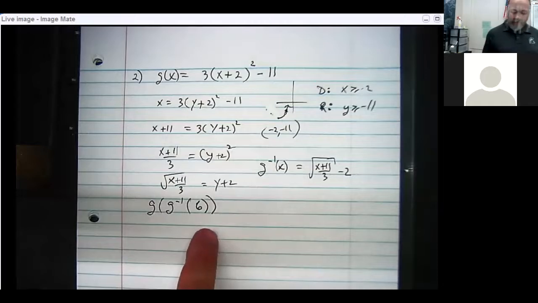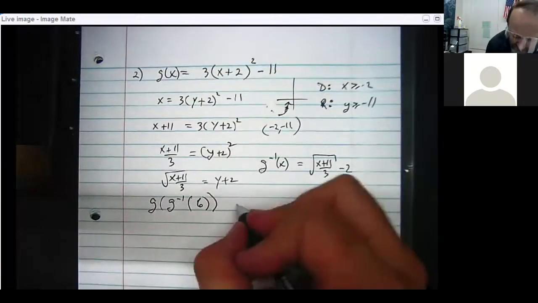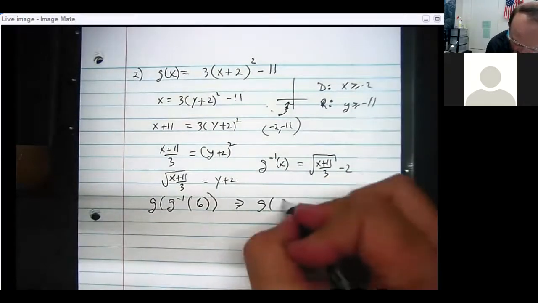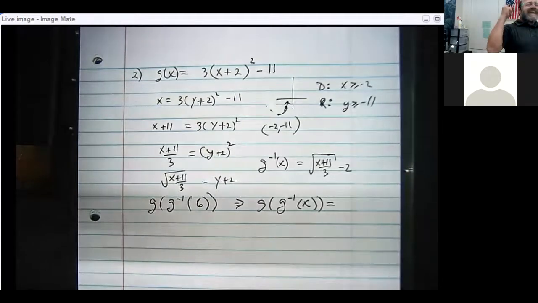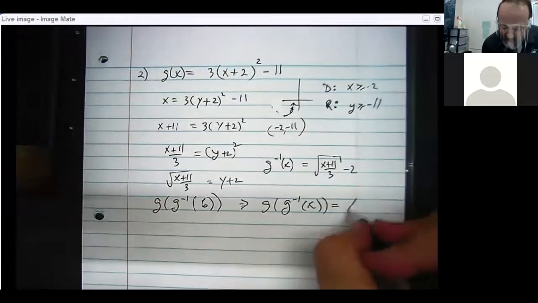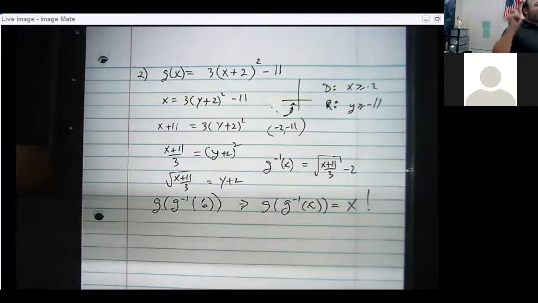Should be root 37. In other words, g of g inverse of x better be x. And this is what I want to do, because if it's x, that means you haven't shown one example, you have shown all of them, and you proved it.